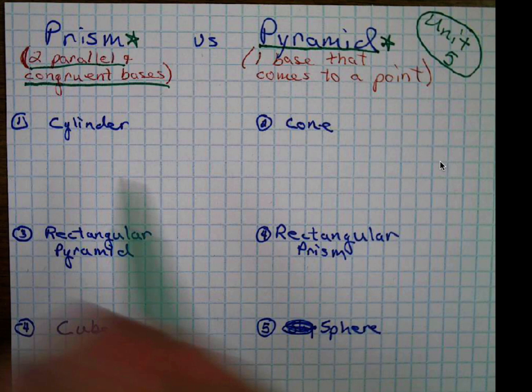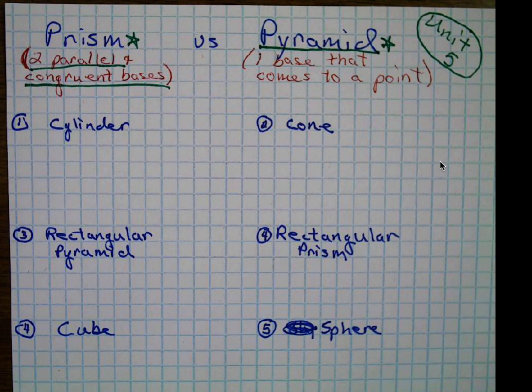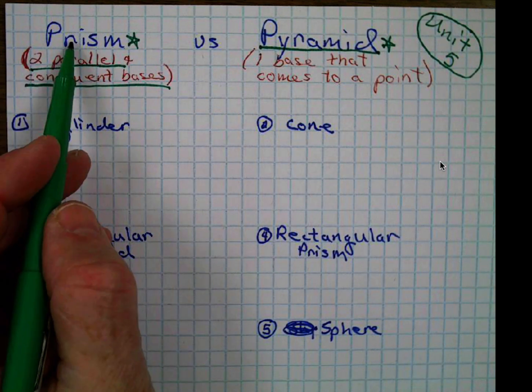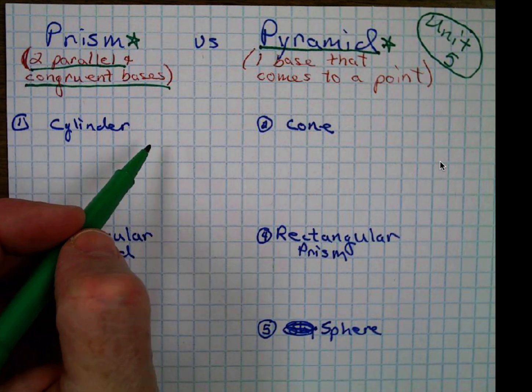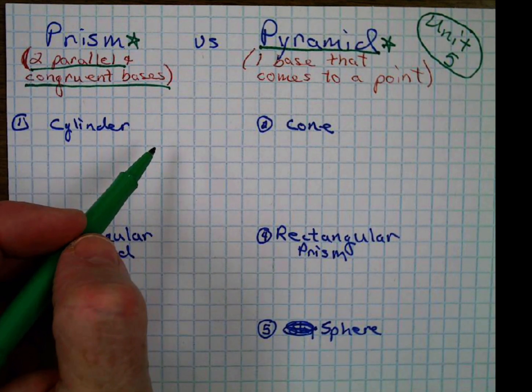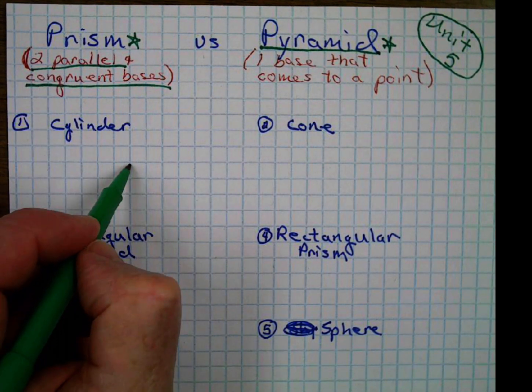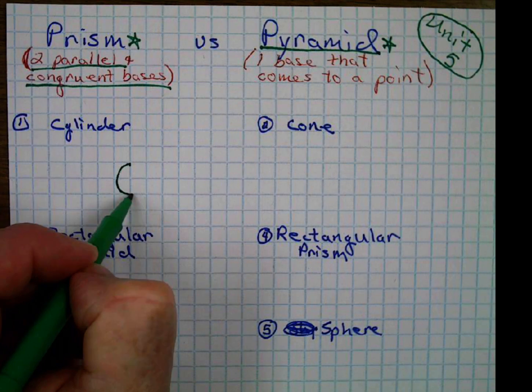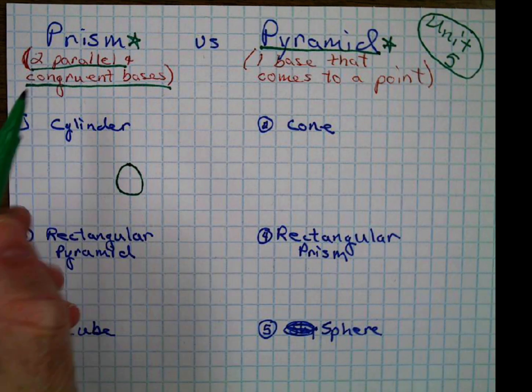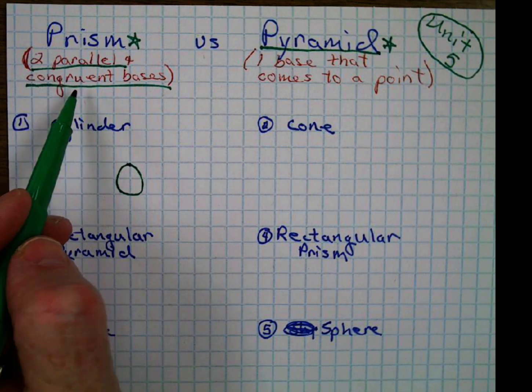So here we go, a cylinder. How do you draw a cylinder? Well, a cylinder, since it is a prism, it's got two bases. Your bases are circles. So what do? Well, instead of drawing a perfect circle, I'm going to draw kind of an oval. And up here we said two parallel and congruent bases.